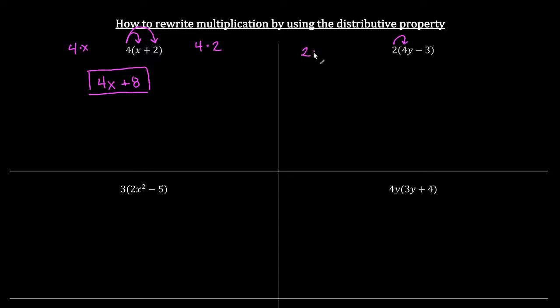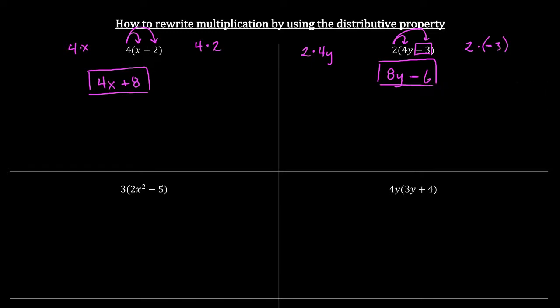So 2 times 4y. A positive times a positive is a positive. 8y. So a positive times, we treat that like a negative, so a positive times -3. I'll put that in parentheses so y'all can see it better. A positive times a negative is a negative, so I'm going to write minus. 2 times 3 is 6.